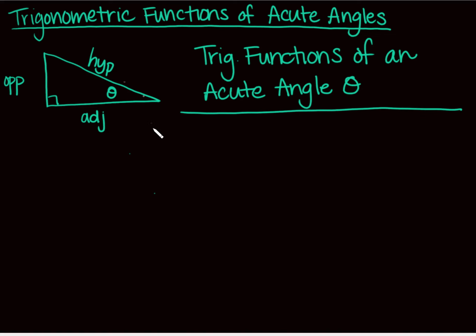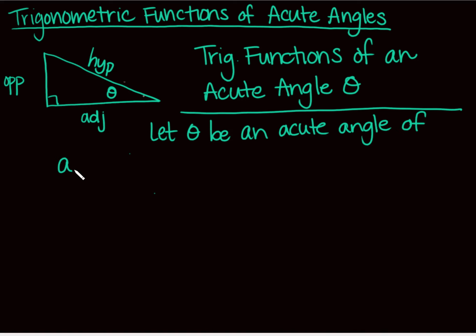So let's write this down more as the definition. Let theta be an acute angle of a right triangle. So if we have a right triangle and some angle in that right triangle that's not the 90-degree angle, then we define the following functions.